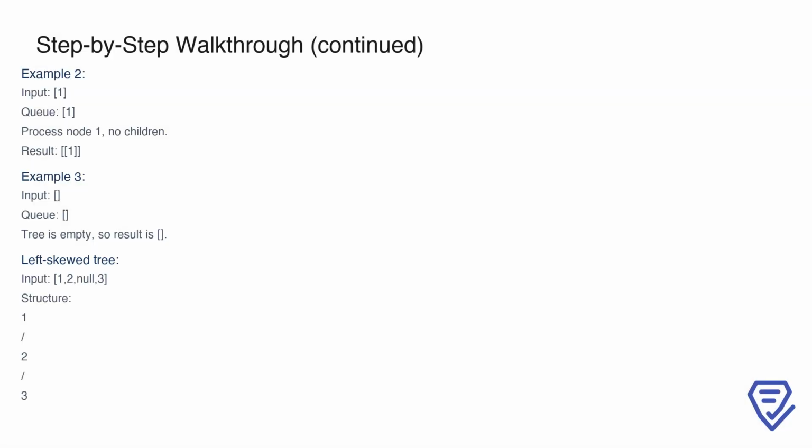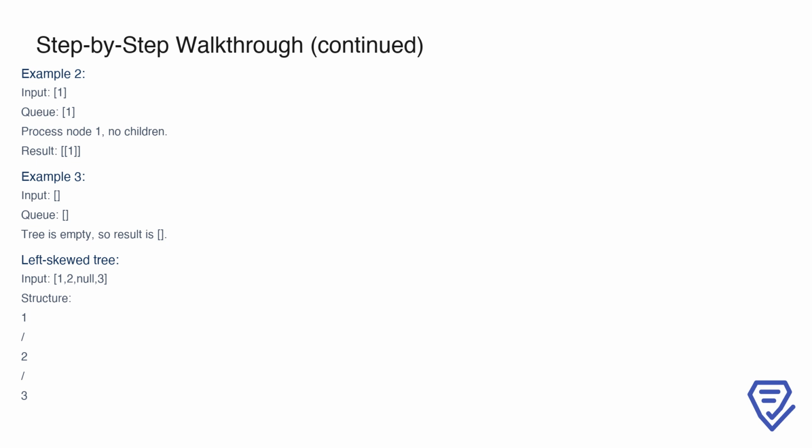Continuing the walkthrough, consider example 2, where the tree has only the root node 1. The queue starts with 1, processes the only node, and the result is [[1]], matching expectations for a single node tree. For an empty tree, the queue is empty, and the result is simply an empty list. Let's also cover a left-skewed tree where each node only has a left child, such as 1, 2, null, 3.